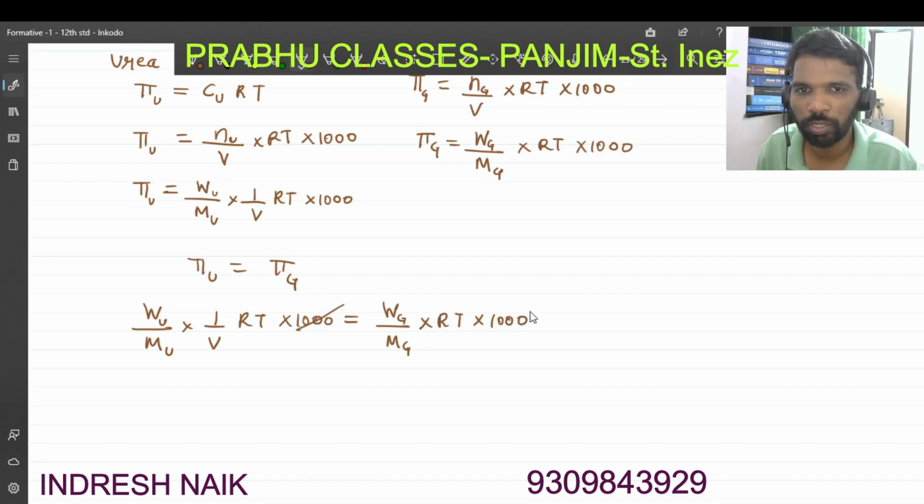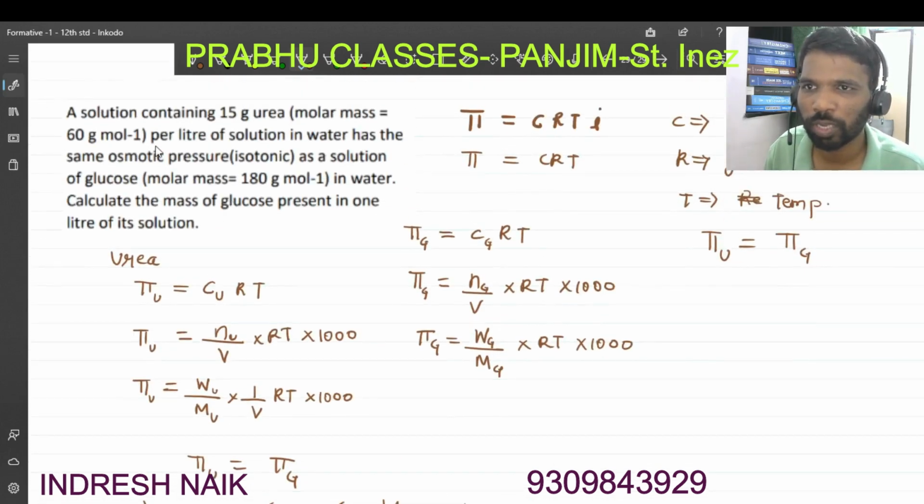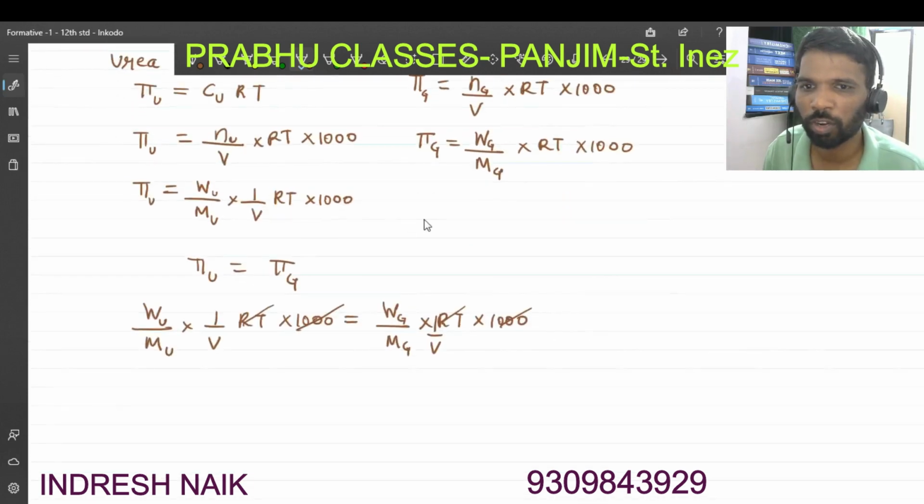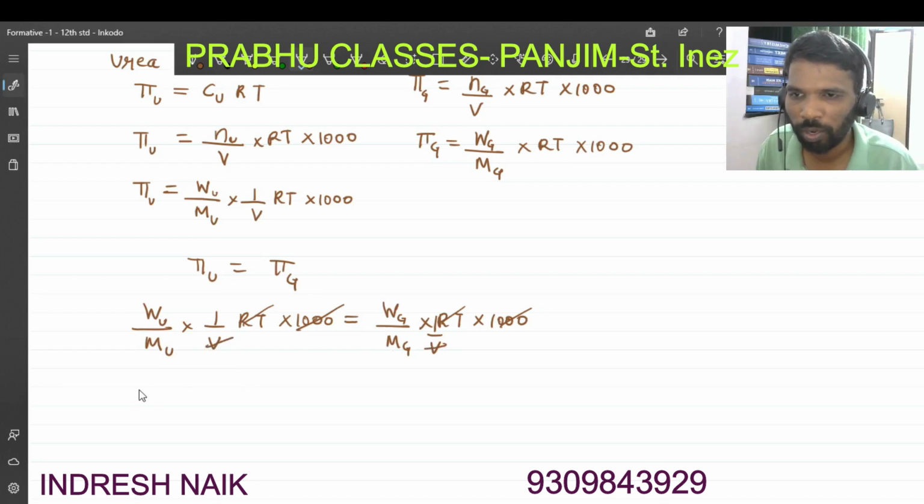So this 1000, RT, and 1 by V are common. Volume is also the same, per liter of the solution; here also glucose is in 1 liter of solution. So this volume will get cancelled. What remains is weight of urea, molar mass of urea, weight of glucose, and molar mass of glucose.